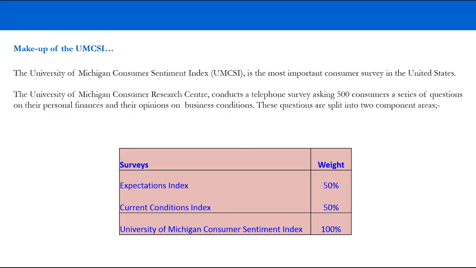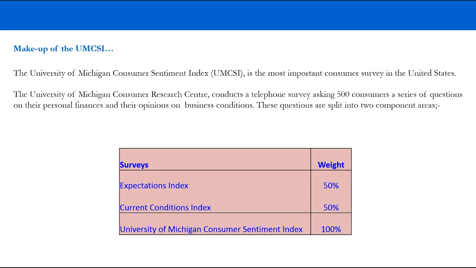Now, if we look at the University of Michigan Consumer Sentiment Index in a bit more detail, what we see is it's made up of two sub-indexes. It's made up of the expectations index and the current conditions index. And the way this works is the Michigan Consumer Research Center conducts a telephone survey asking 500 consumers a series of questions on their personal finances and their opinions on future business conditions.